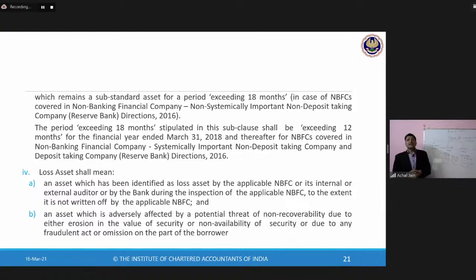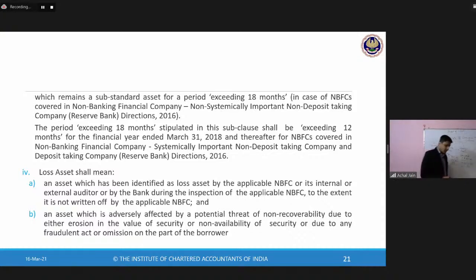An asset which has been identified as loss asset by the NBFC or by its internal auditor or by its external auditor or by the bank during the inspection of that NBFC, to the extent it is not written off. And an asset which is adversely affected by the potential threat of non-recoverability due to various reasons. Okay, that will be considered to be loss asset. So we do not have any period criteria in case of loss asset.